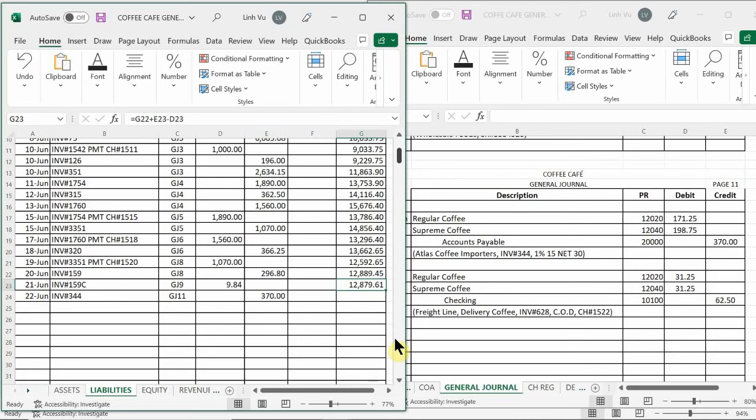This is a credit balance. Okay, 13,249.61. Good.